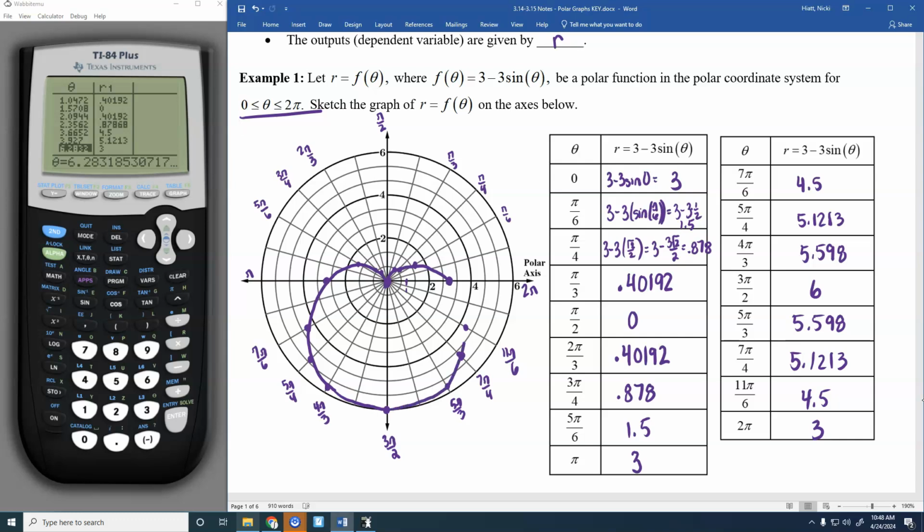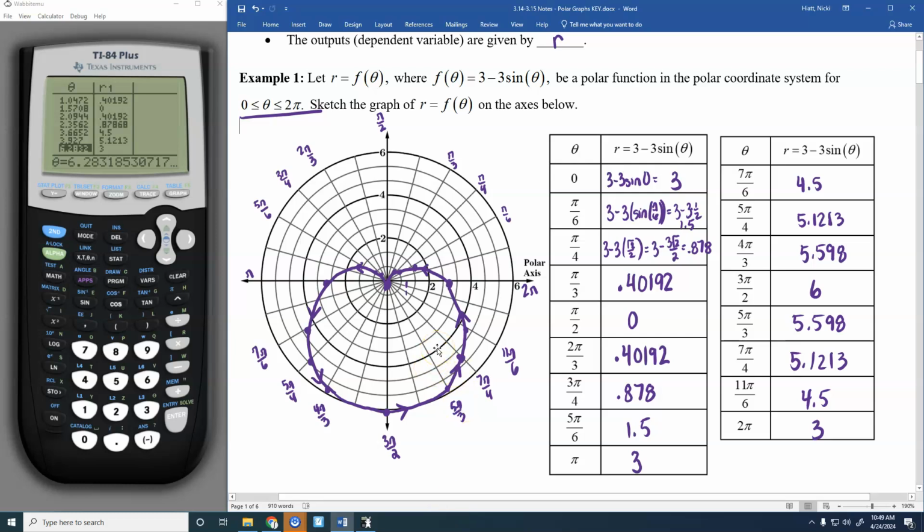And then you'll connect all the way around. A lot of times they'll draw arrows along the graph, showing which direction the graph is going, because they have a direction. Because if I keep doing this past 2 pi, it starts to repeat itself, and it keeps going on and on.